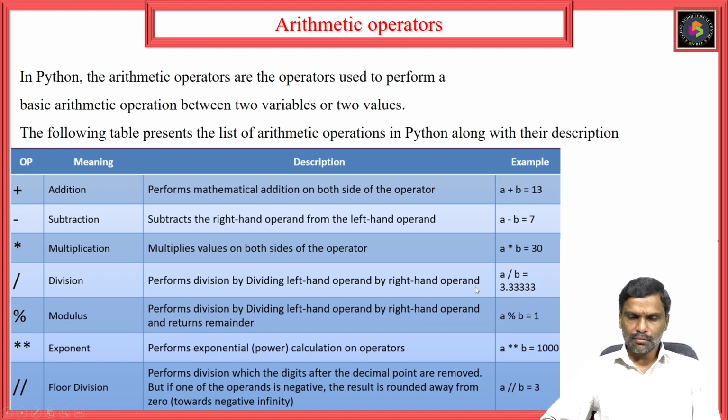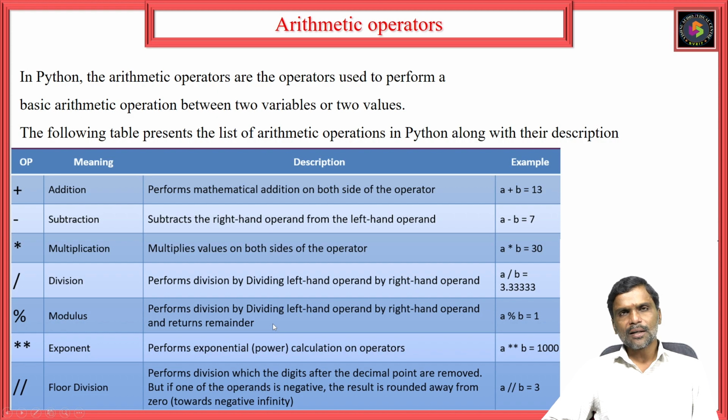So students, here you should observe the difference between division and modulus. The modulus operator looks like the percentage symbol, but we are calling it modulus. It is not a percentage. It performs the division by dividing the left hand operand by the right hand operand and returns the remainder.